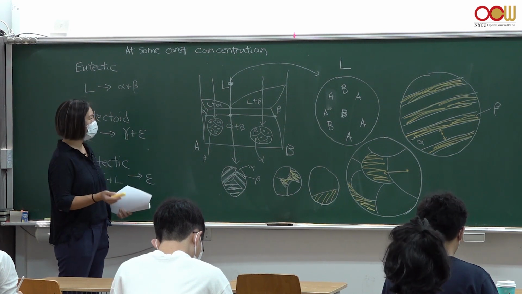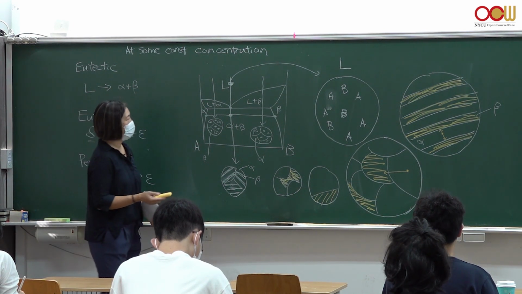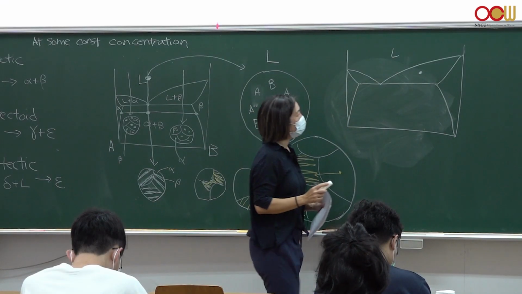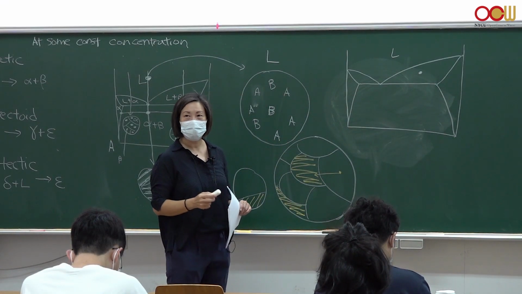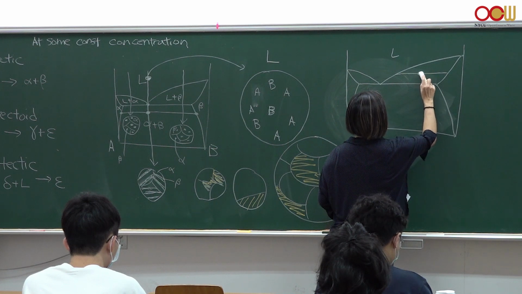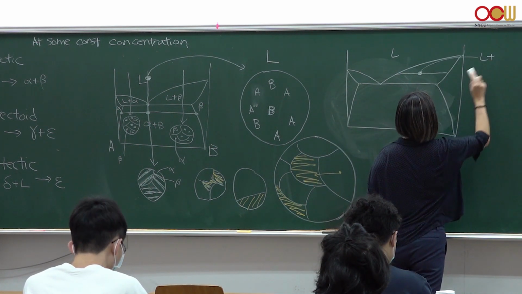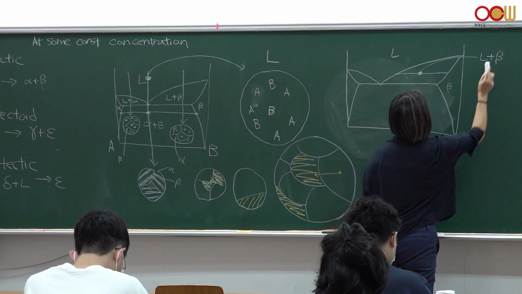One of you had a really good question yesterday, and that has to do with the tie line. If I have a material that exists here, I draw a tie line across, and this material is made out of liquid plus beta.